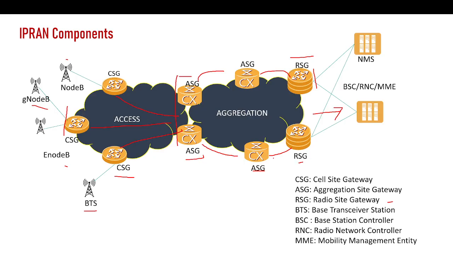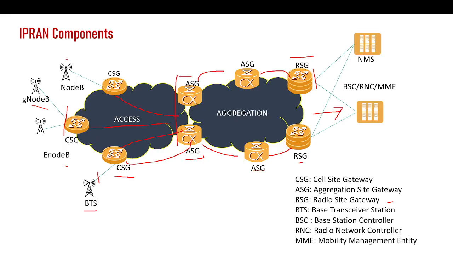Many times we do 1G or 10G connections from the CSG to the BTS, but from the CSG to the ASG, we make the minimum of 10G. Nowadays, we even have a connection of 50G or even 100G, depending on the network capacity requirements.